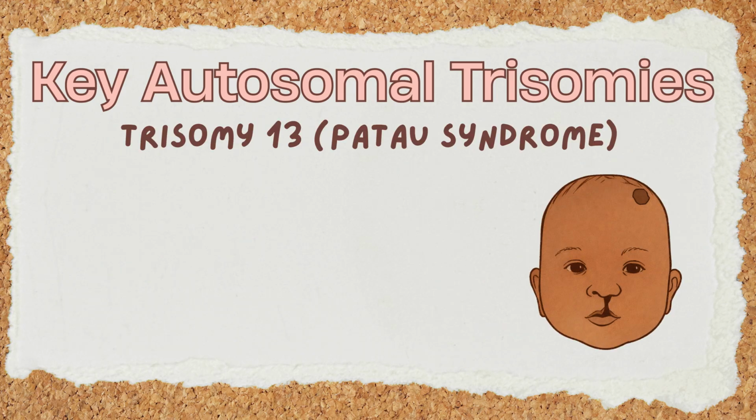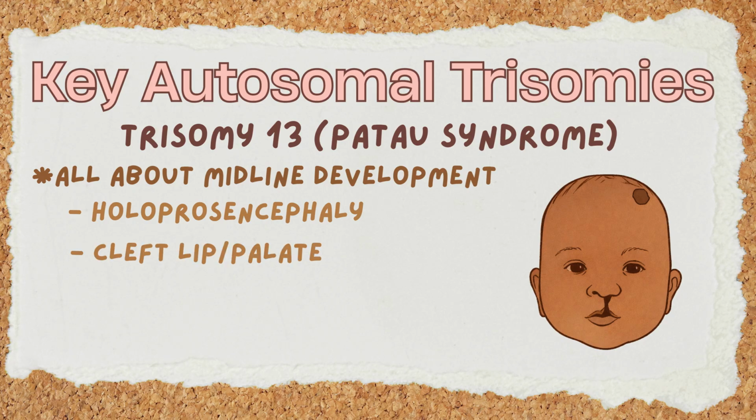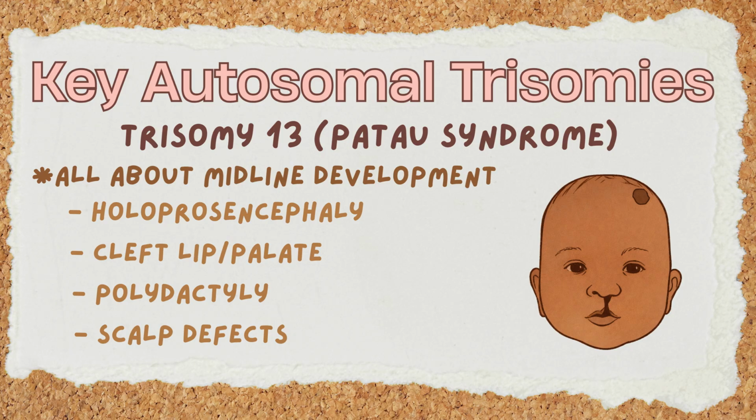Lastly, there's trisomy 13, or Patau syndrome. This one is all about midline development. So think holoprosencephaly, cleft lip or palate, polydactyly, and scalp defects. It's also associated with severe outcomes and early mortality.